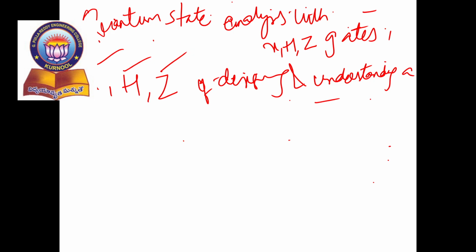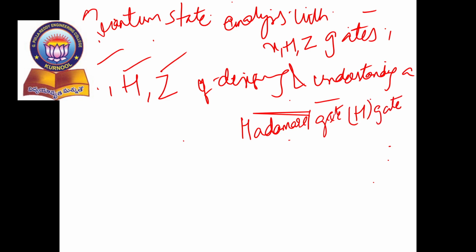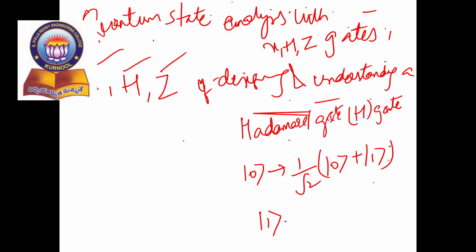And the next one is the H gate, the Hadamard gate. This H gate creates the superposition. 0 is represented as 1 by root 2 of the 0 state plus the 1 state. 1 is written as 1 by root 2 of 0 minus 1.